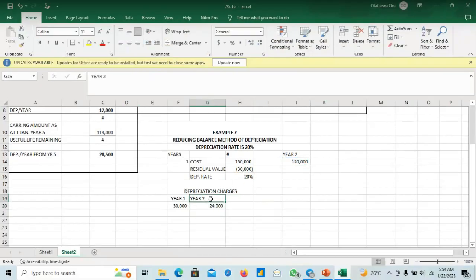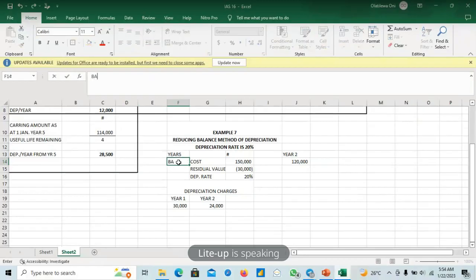We are just using the opening balance of the asset value multiplied by the depreciation rate. So for year three, I can just say this is the balance brought forward, B/F.